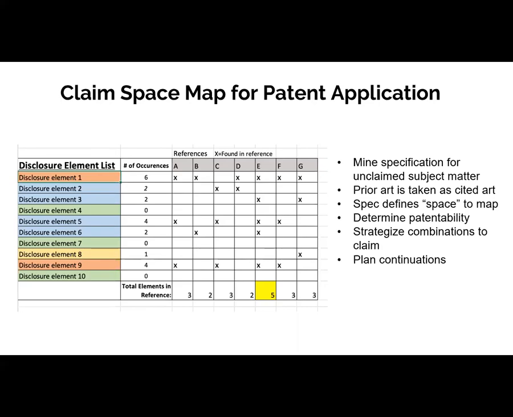Depends on the technology, depends on how those combinations would play out in reality, but this gives you a tool to be able to sit down and do that analysis without having to be flipping through all the references as you're doing that analysis. So if this is done beforehand, then you can sit down with an engineer or an R&D team and probably come to some good conclusions here. All right, let's take a look at the next slide.